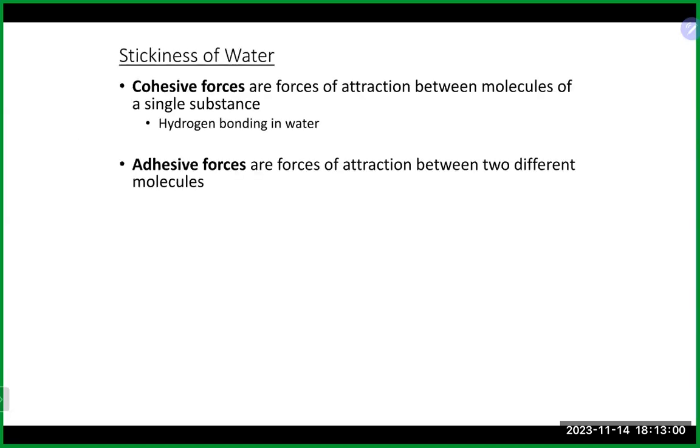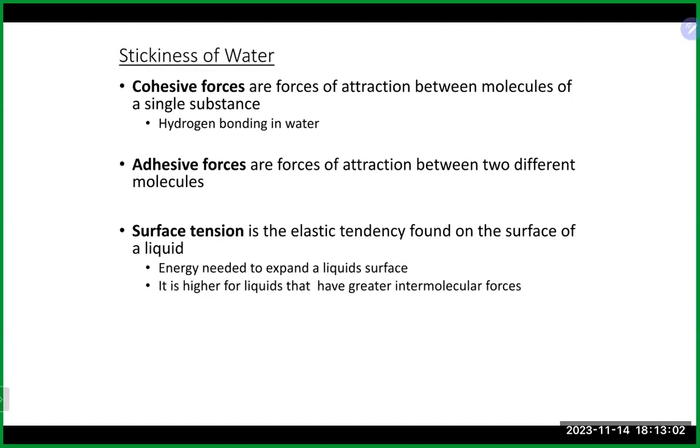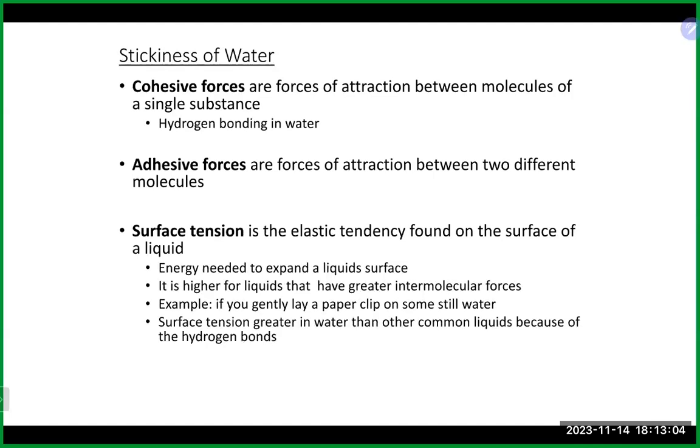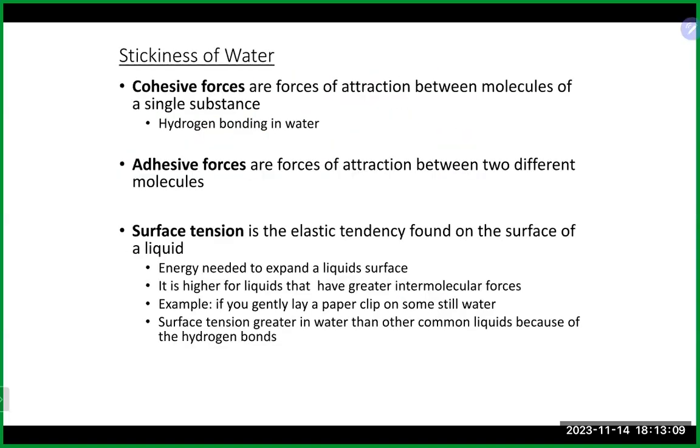Now, there are some different types of forces that play a role in how water and other liquids interact. Cohesive forces are the attractive forces within a single substance. This is how one substance interacts with itself, and that is cohesive forces, which is our hydrogen bonding.